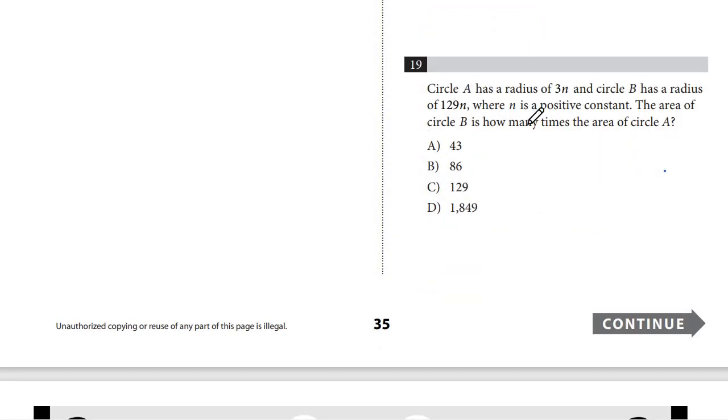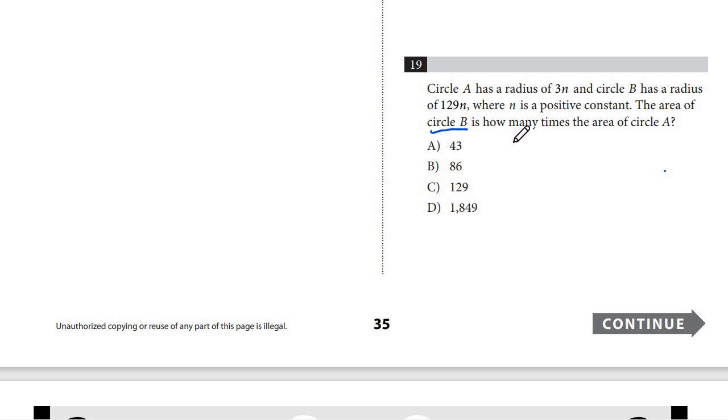Here we have circle A with a radius of 3n, and circle B has a radius of 129n, where n is a positive constant. The area of circle B is how many times the area of circle A? So all we do is find the ratio of those two circles.